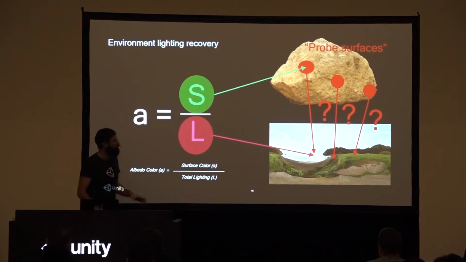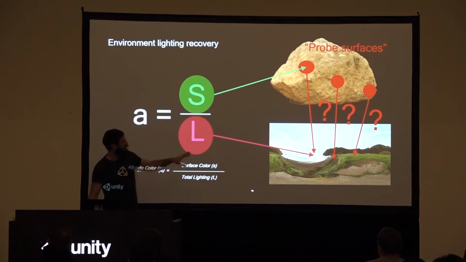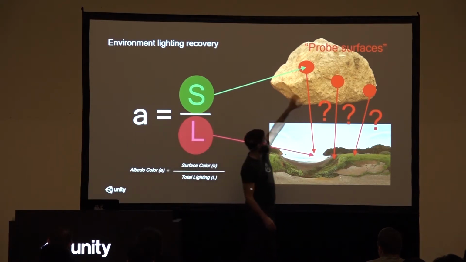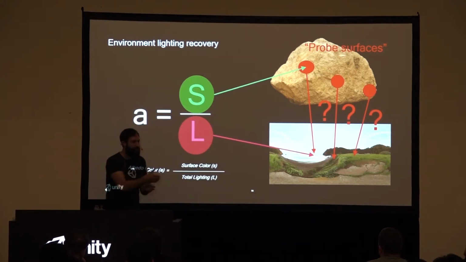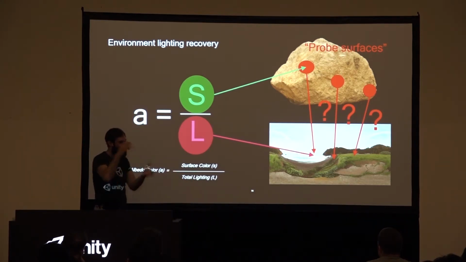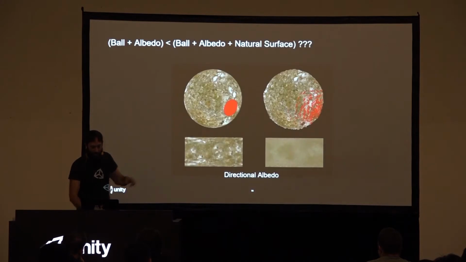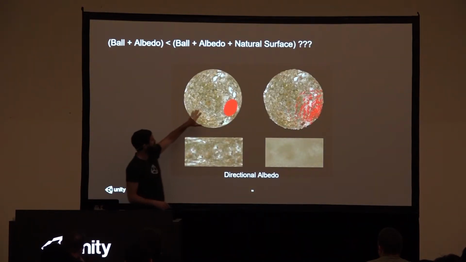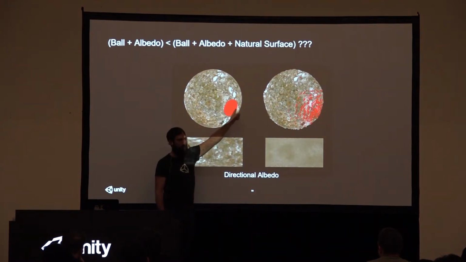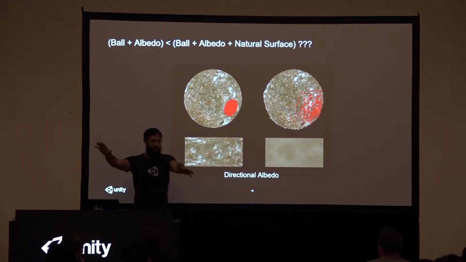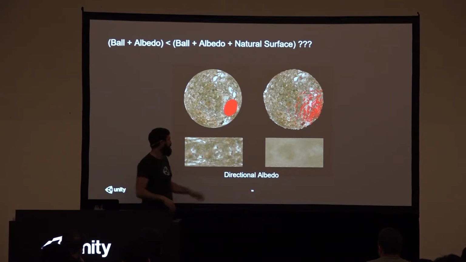What you need is kind of infinite probe surfaces all around the object, so you would need tons of photographs with 360 videos. That's where it changes. When you take a flat surface and look at one point, all the lighting is coming from one direction on the wall, so it's impossible to reconstruct the lighting from there.